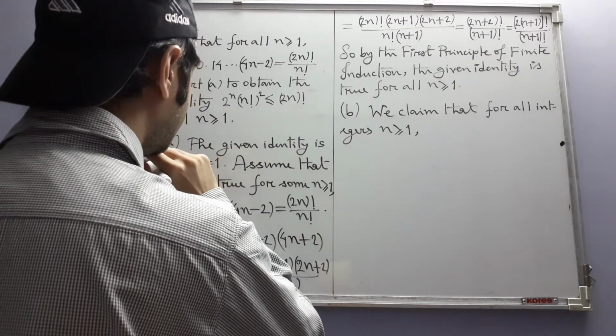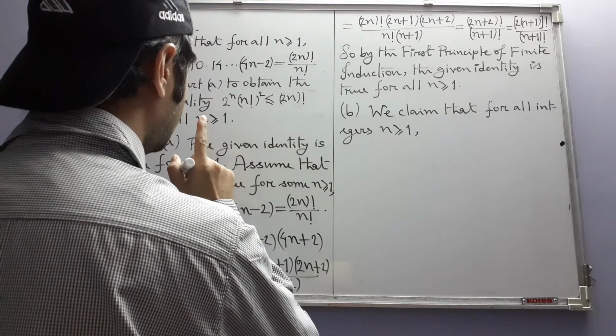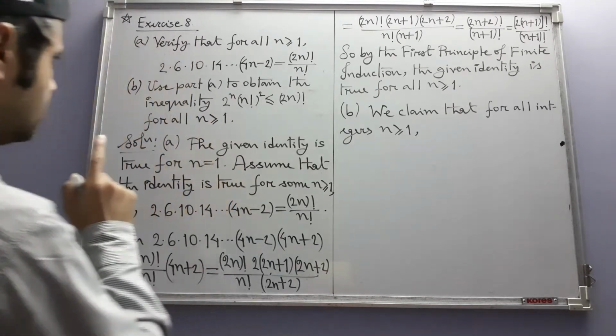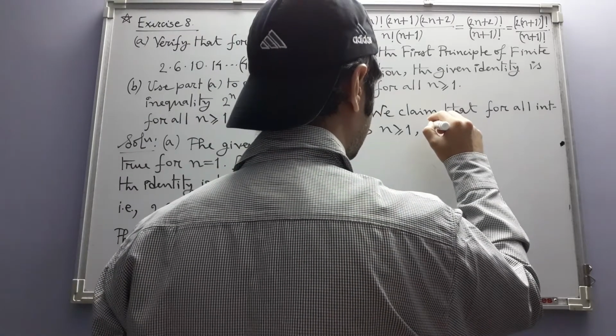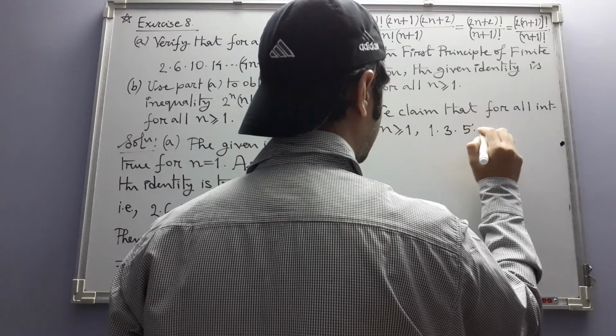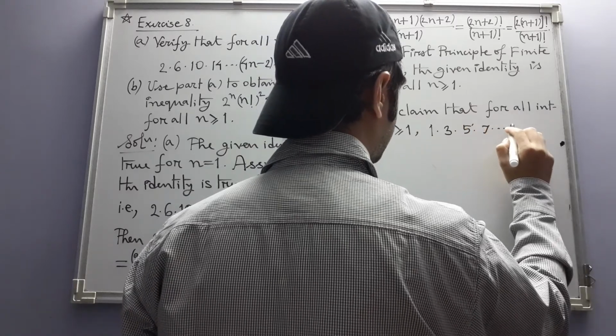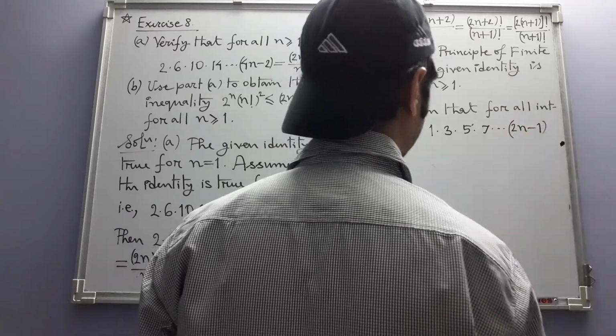If we take this common out, then n factorial has to be greater than or equal to... okay, yes, 1 times 3 times 5 times 7 up to 2n minus 1.